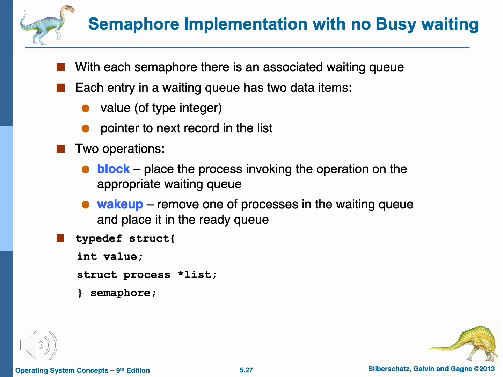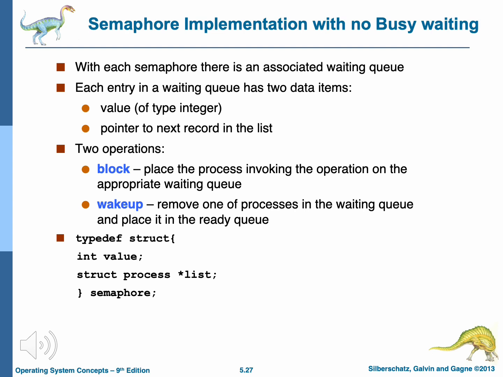Then control is transferred to the CPU scheduler, which selects another process to execute. A process that is blocked waiting on a semaphore S should be restarted when some other process executes a signal operation. The process is restarted by a wake-up operation, which changes the process from the waiting state to the ready state.